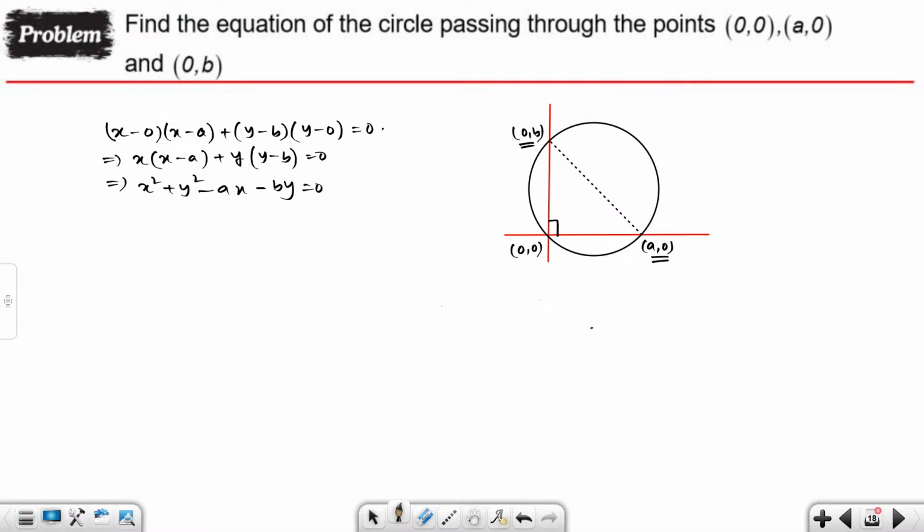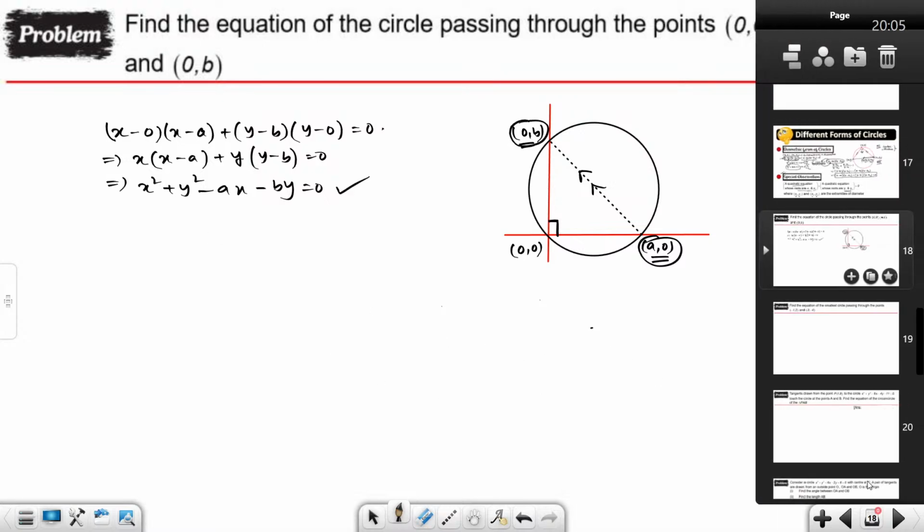Is it clear to all? Because the angle in a semicircle is a right angle, this line is basically the diameter of this circle. And these 2 points, 0, comma b and a, comma 0, are the extremities of the diameter. So we got the equation of the circle. Clear? Okay, let us take another problem.